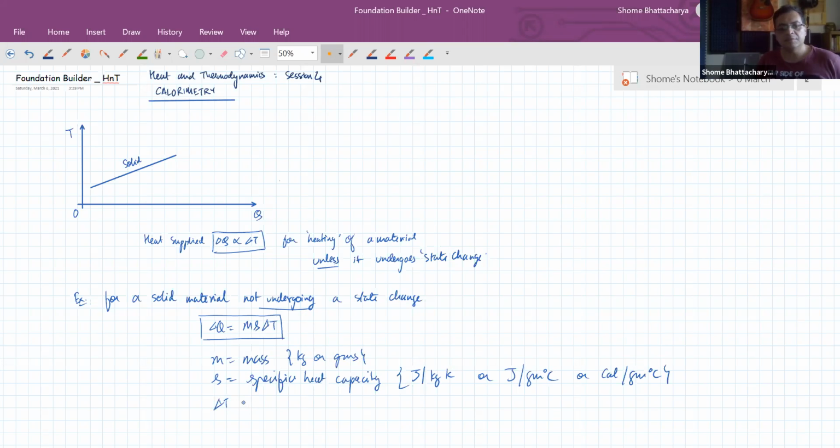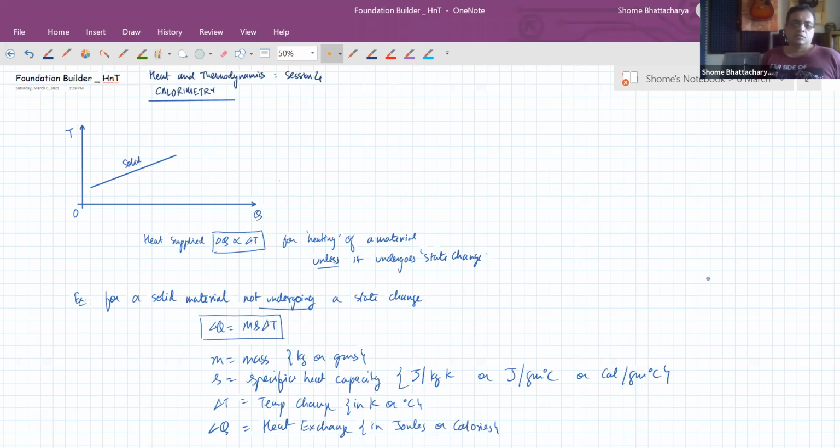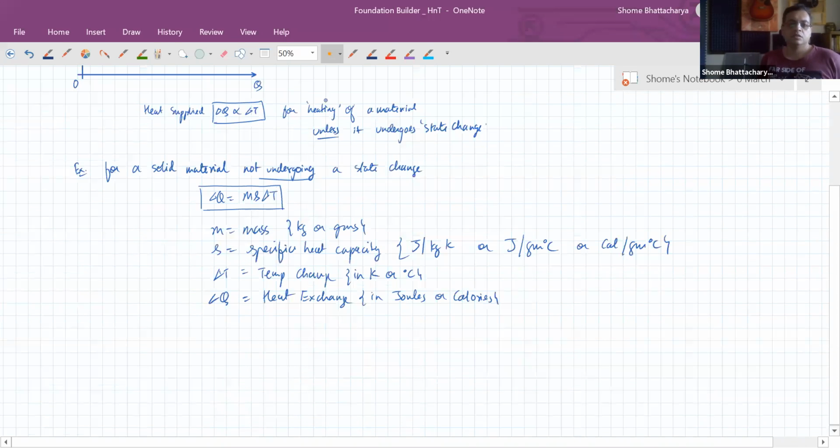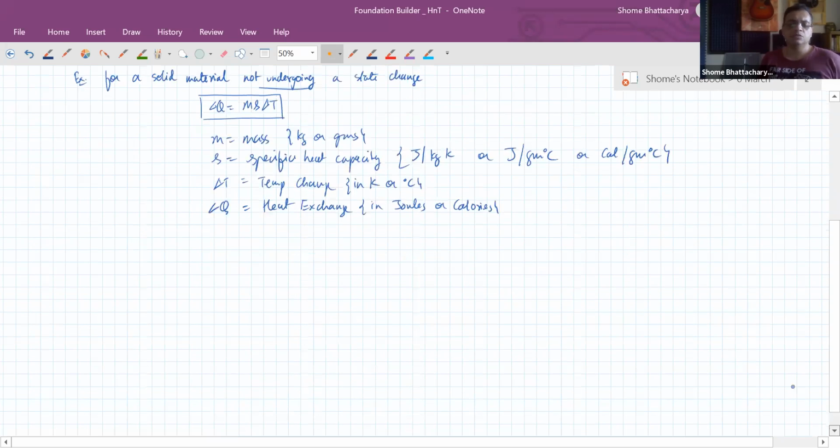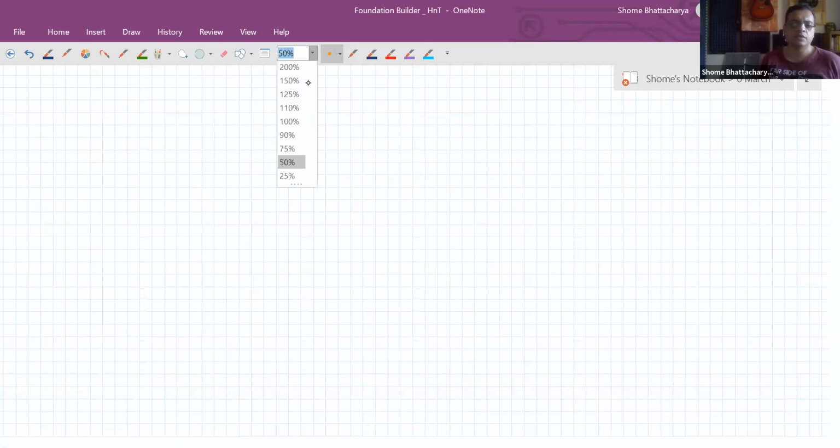And delta T is the temperature change in Kelvin or degree C, and delta Q is the heat exchange in joules or calories. Right, so this is the general idea. Okay. Now, next thing we'll see. So this you've already seen in the last lecture, so don't need to write it down again.